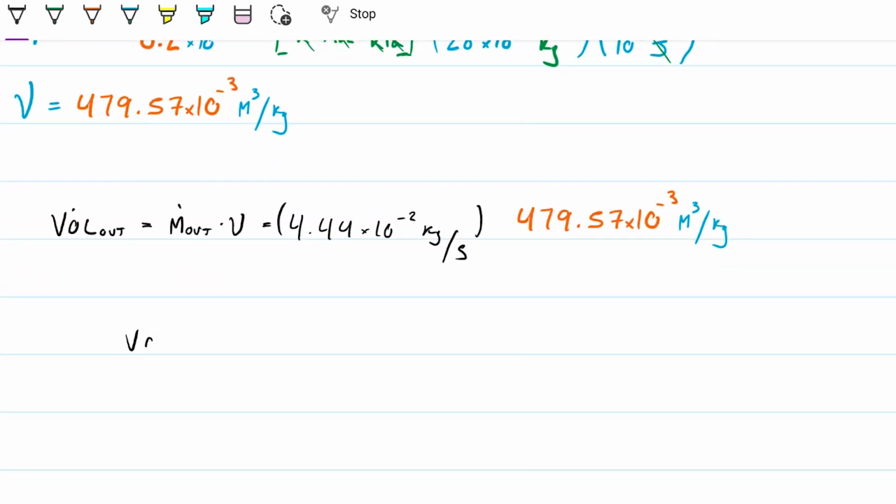This gives me that the volumetric flow rate on the outlet is, let's say, 1.13, and the units will be meters cubed per second.